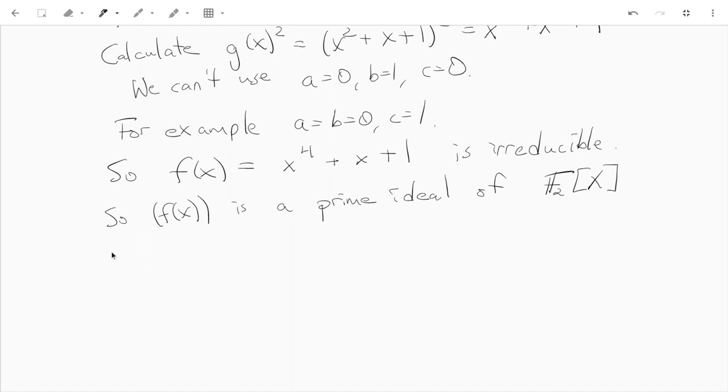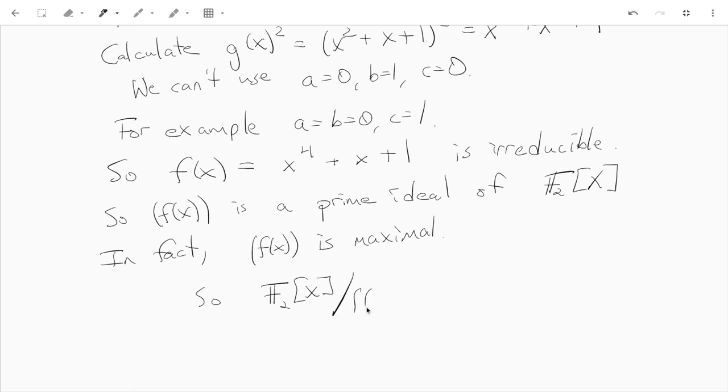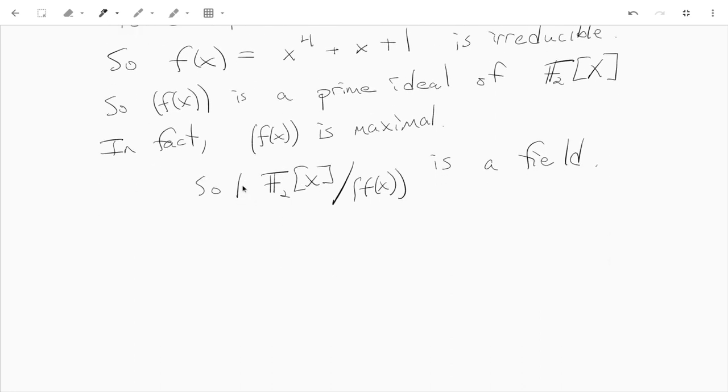In fact, we don't need to get into this now, but this is actually a maximal ideal. So the quotient is a field. Let's call it K. Letting alpha be the coset of x in K.